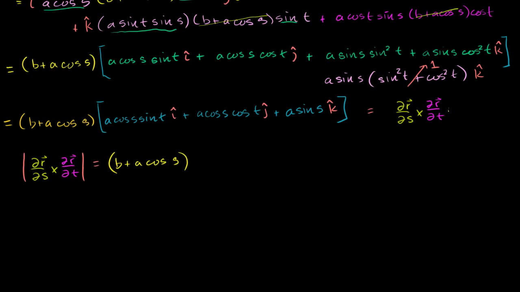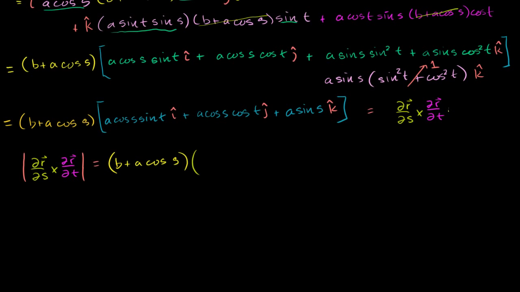And the magnitude of this thing right here is going to be, you can imagine, the square root of this thing dotted with itself, or you could say it's the sum of the squares of each of these terms to the 1/2 power. So let me write the sum of the squares.